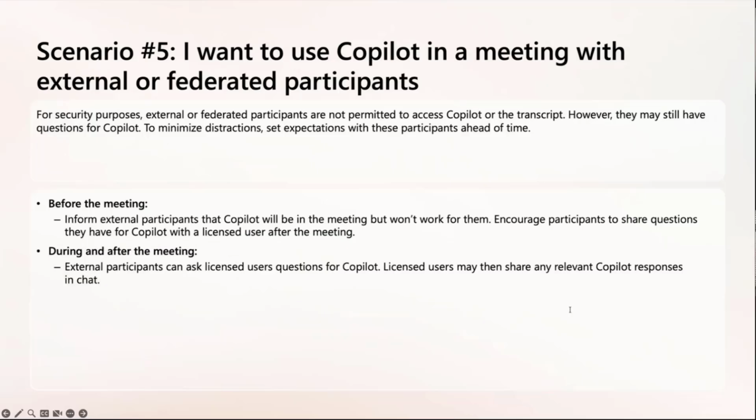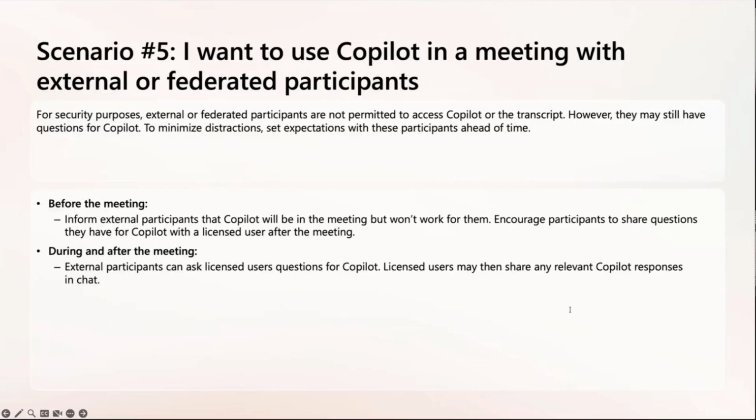Then scenario 5, you could say, what about federated participants? Federated participants being participants that are guests, or people that have been invited to the tenant, or B2B, or whatever the case may be. For security purposes, they're not necessarily permitted to access Copilot or transcript.